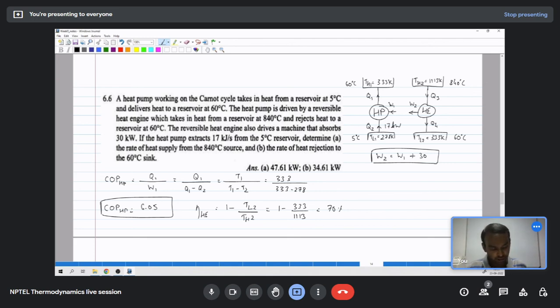So now we can calculate the heat, that is, determine the rate of heat supply from the 840 degrees Celsius source. So first I can calculate W1 using the COP value. Since it is a heat pump, we have Q1 minus Q2.